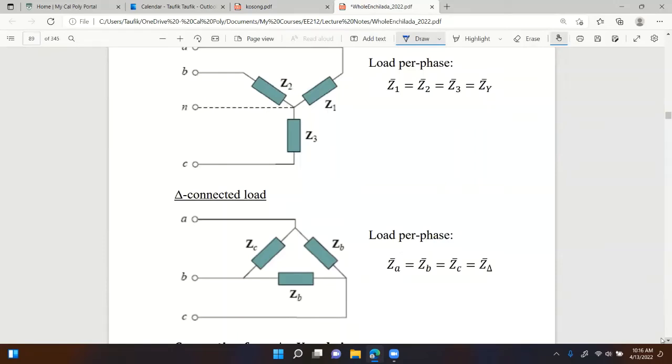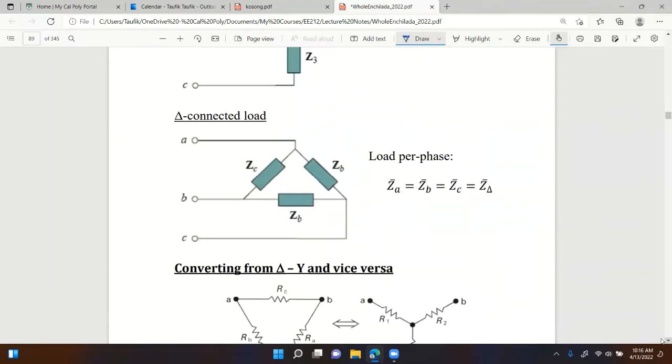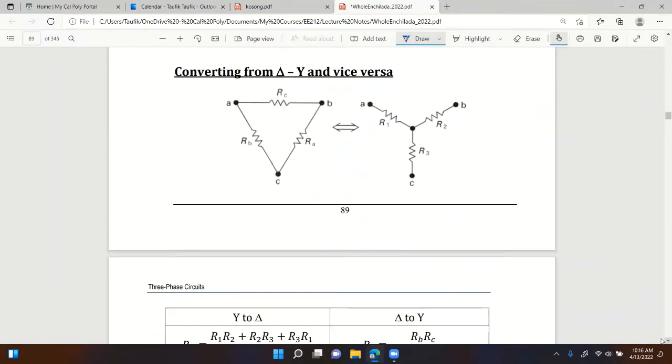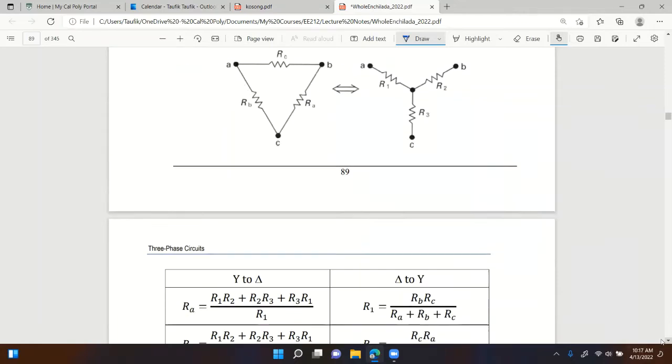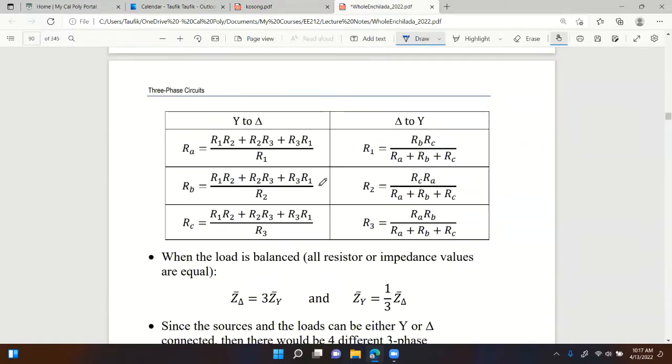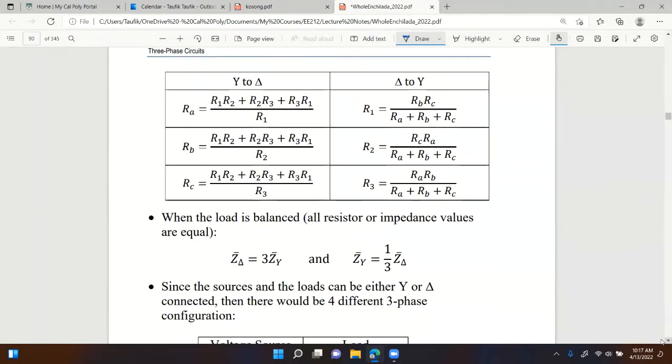All right. Any questions so far about what we learned on Monday? But there's actually another thing we learned on Monday. How do you convert from delta to Y and Y to delta? Here I show the long, general equations to convert from Y to delta and delta to Y. But fortunately, we are dealing with balanced systems. If it's balanced, that means all the impedances are equal in magnitude.